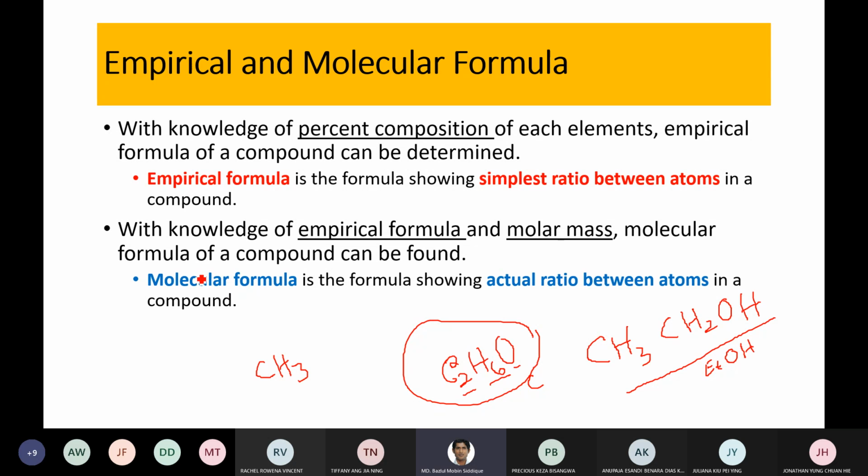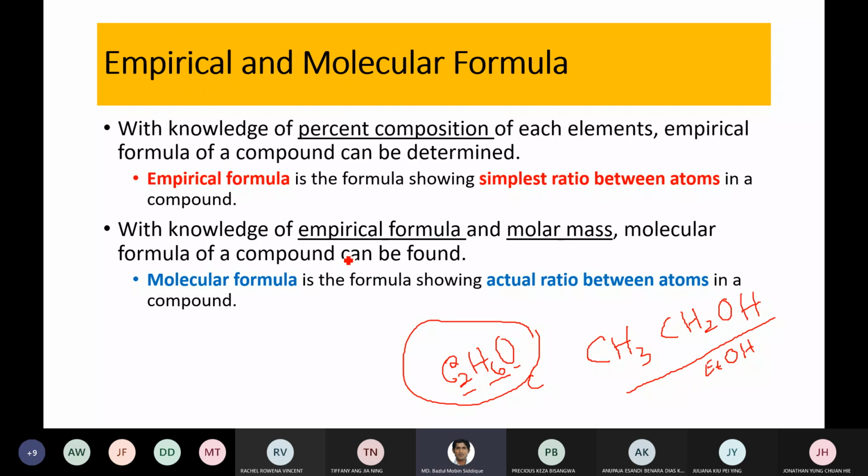CH3, then CH2OH. So something like that. So actually it can be anything else than ethanol. Nothing comes to my mind right now, but other compounds can be formed from these 2 carbon, 6 hydrogen and 1 oxygen.